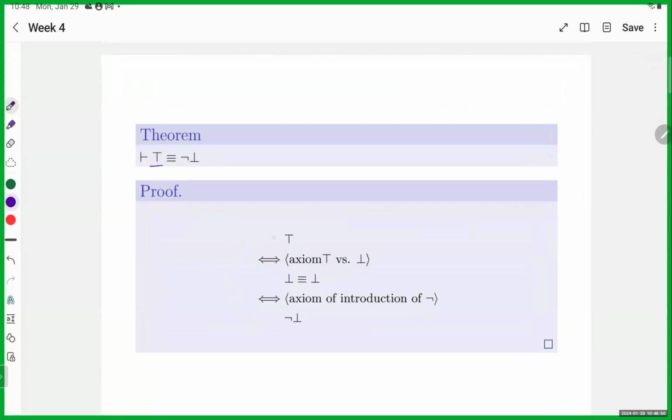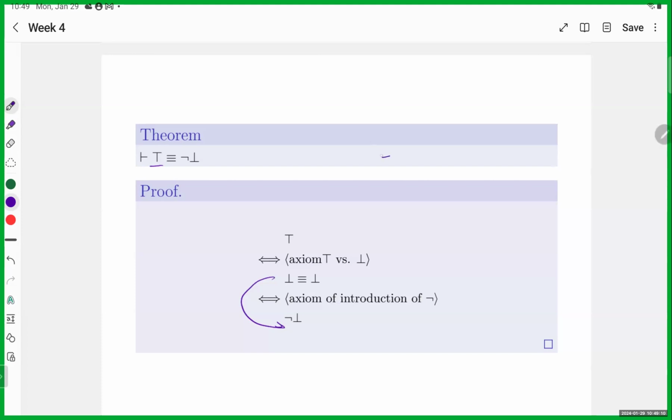Start with top. I know top is equivalent to bottom is equivalent to bottom. That's the axiom. And bottom is equivalent to bottom. Another axiom tells me that it's equivalent to negation of bottom. Which axiom? Axiom of introduction of negation. Why?